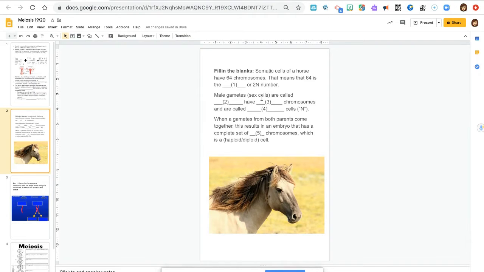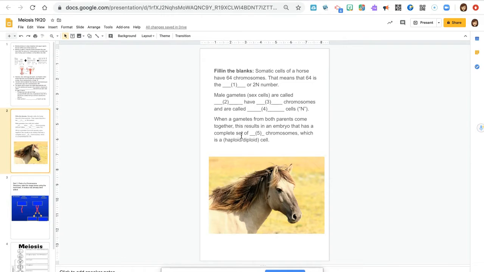Male gametes, sex cells, are called blank and have blank chromosomes and are called blank cells. Pausing so you can figure it out, this paragraph right here. What is the name of any male sex cell? How many chromosomes? And are they diploid or haploid?